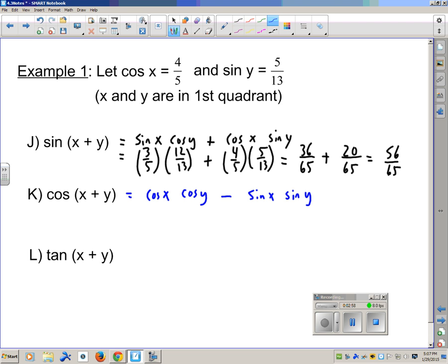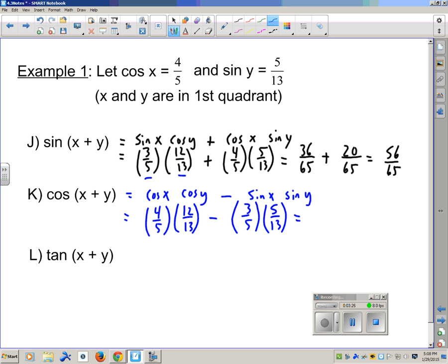This is just the formula of how you get this solution here, how they're equal to each other. So let's plug it in. Cosine x there is 4/5. Cosine of y, well, we found that up here, it's 12/13. Sine of x, oh yeah, we found that already. Sine of x is 3/5. Sine of y, we were given that too in the very beginning of the problem, 5/13.